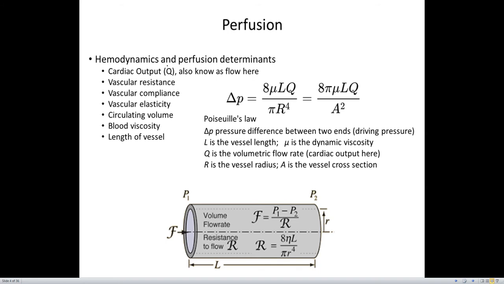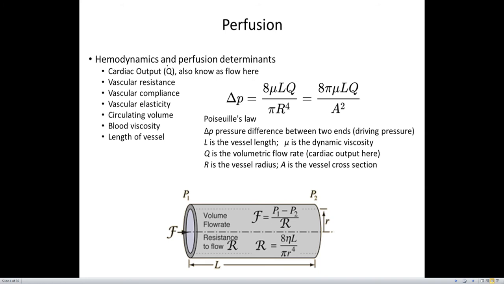So let's talk about the determinants of hemodynamics and perfusion. First of all, we have to have adequate cardiac output, which we'll talk about in a little bit. And cardiac output usually is signified by a Q with a dot over the top of it. A dot over the top of a symbol usually means flow rate or a rate of something.